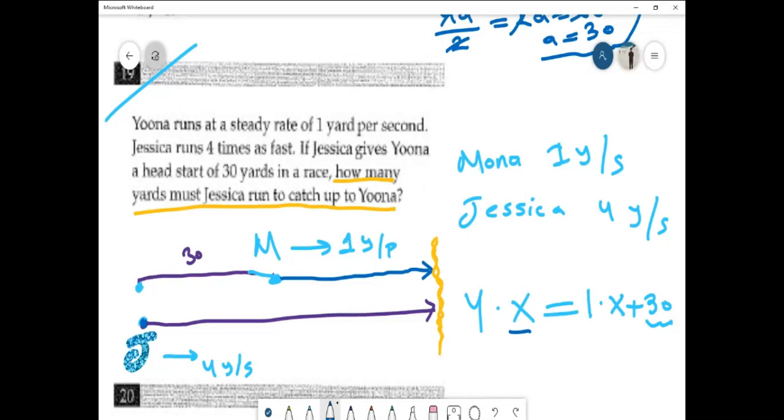No, you're not as fast as Jessica. Really? But Mona is as slow as... I'm kidding. Okay, thanks. Mona, I'm kidding, by the way. No, it's okay.